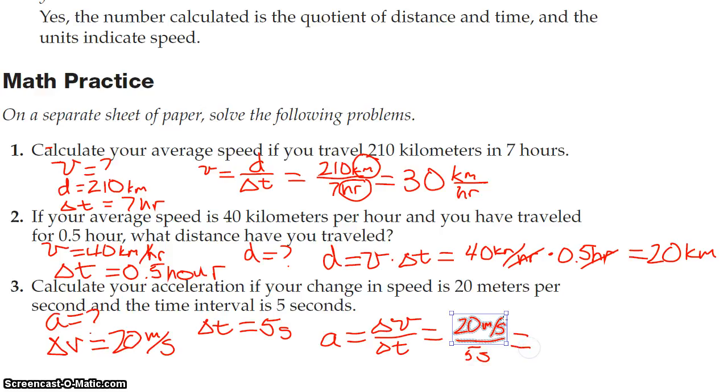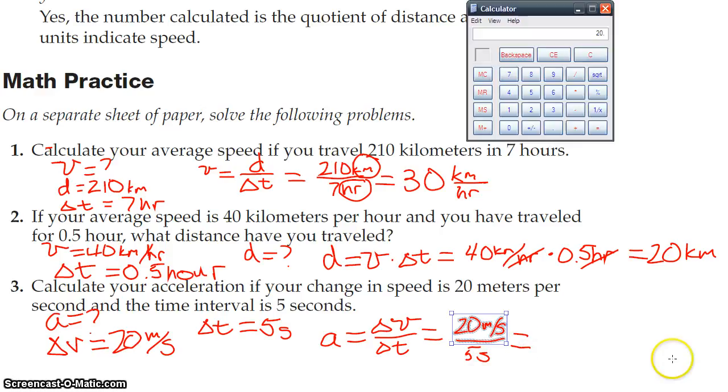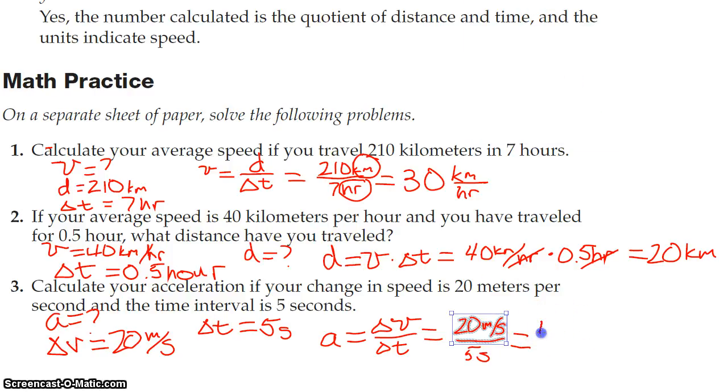And if we do that math out, pull out the calculator again. 20 divided by 5 equals, and our answer then is going to be 4. And look at our units here. It's going to be meters per second divided by seconds. So it's meters per second per second.